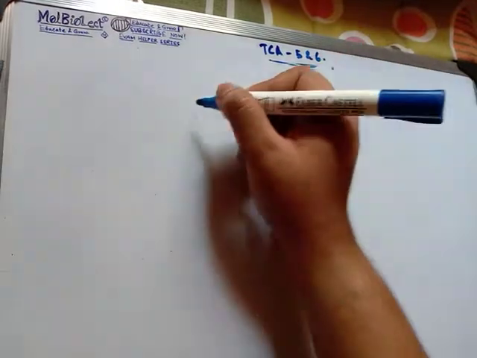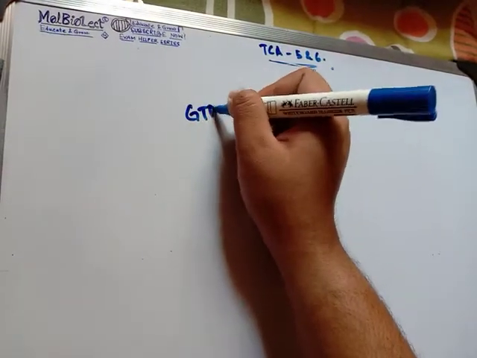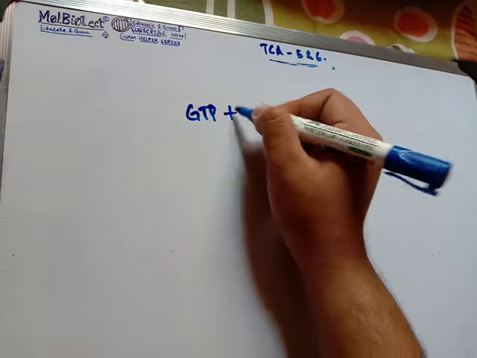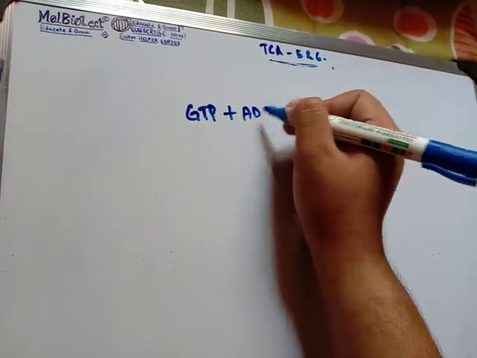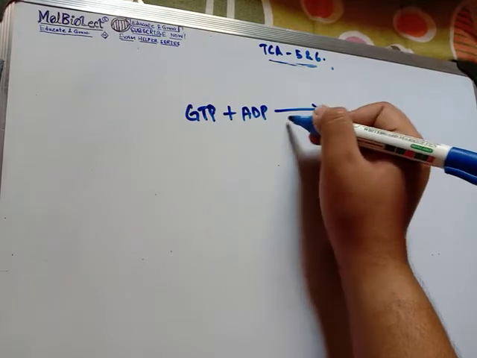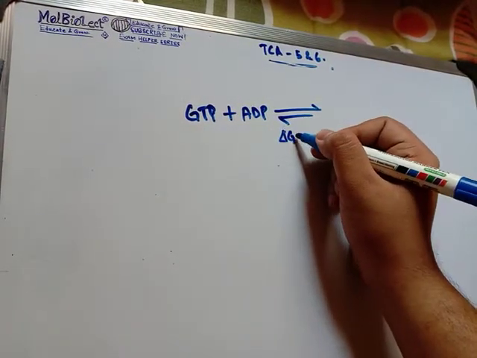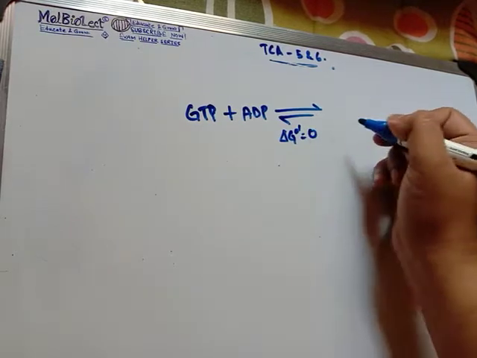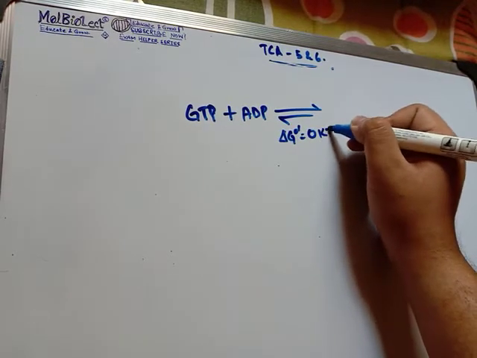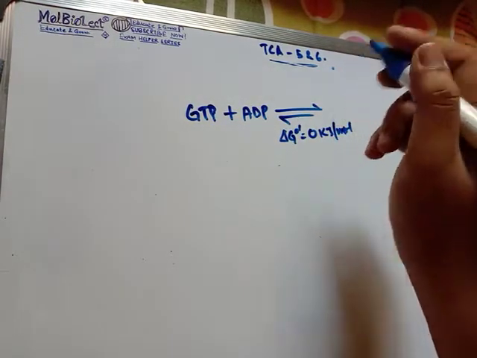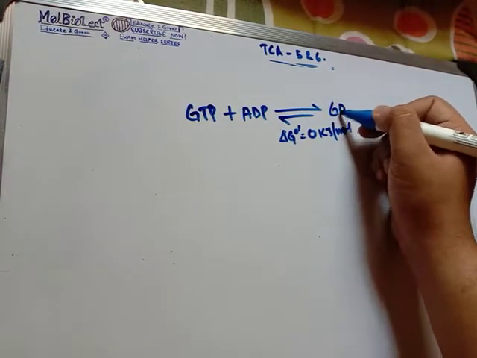So in the next step what happens is that we form GTP. Now this GTP can be converted to ATP. So this GTP plus, if we have ADP, then there is a reversible reaction going on. The delta G0 value for this reaction is essentially 0 kilojoule per mole. So this reaction is very much favorable in both directions. So GTP plus ADP will give you GDP plus ATP.